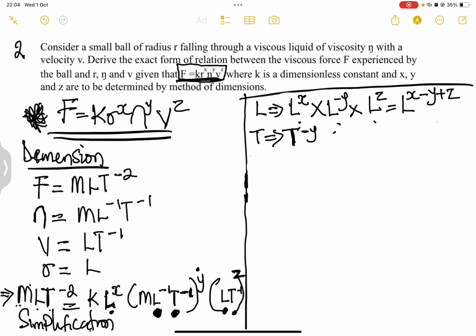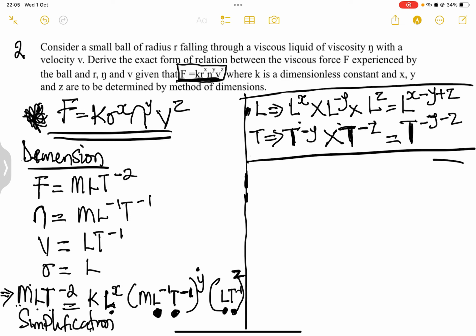We'll have T raised to power minus Y, times T raised to power minus 1 times Z, so we'll have T raised to power minus Z. So at the end of the day, law of indices will apply and will result to T raised to power minus Y minus Z. Good. So is there any other thing that needs simplification? M doesn't need simplification. K is dimensionless. At this point, remember, you're not going to be doing anything with this. We're just keeping it aside. We'll just do the first asterisk and second asterisk.